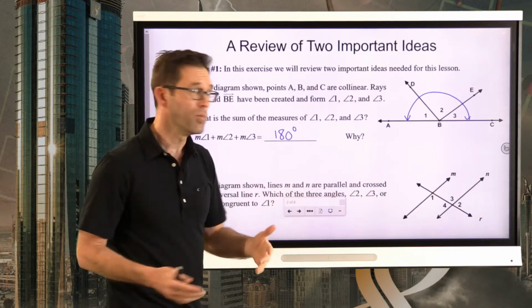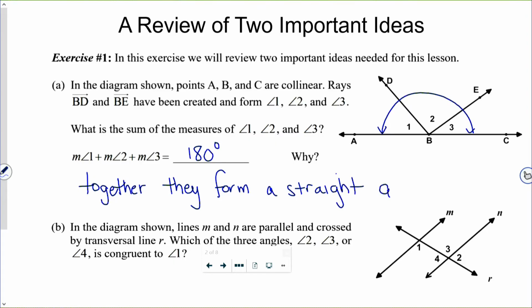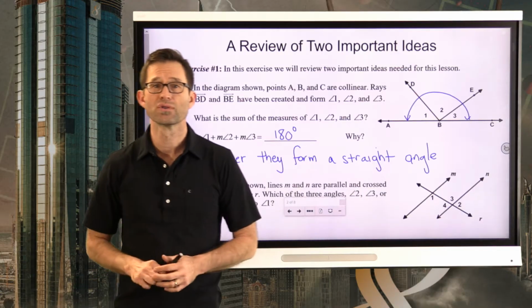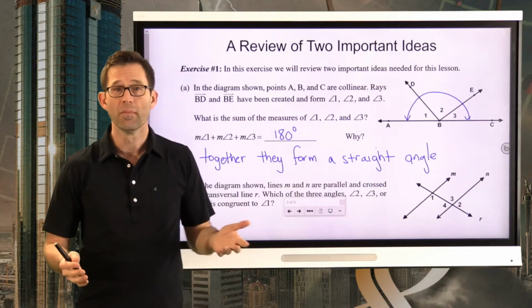So the why is, together they form a straight angle, and all straight angles have measures of 180 degrees, so angle 1 plus angle 2 plus angle 3 must be 180.